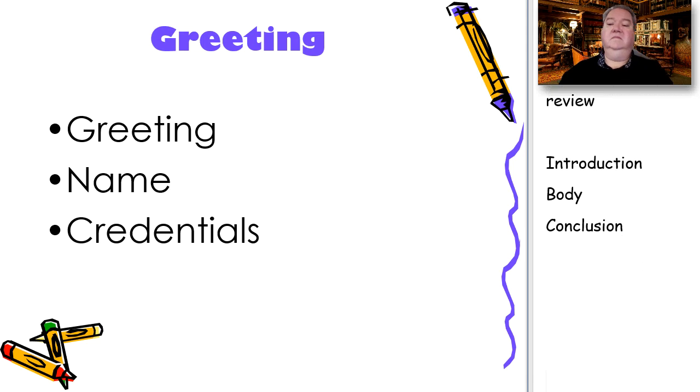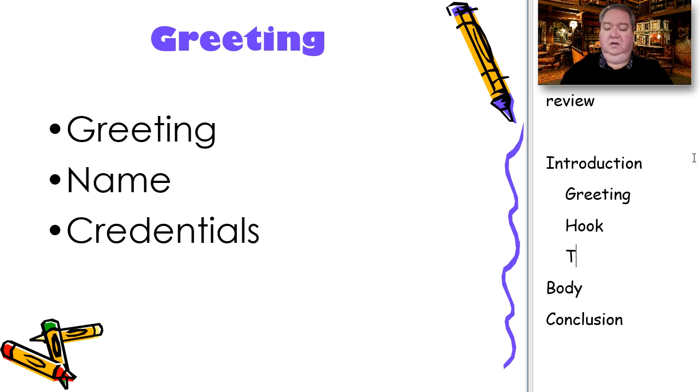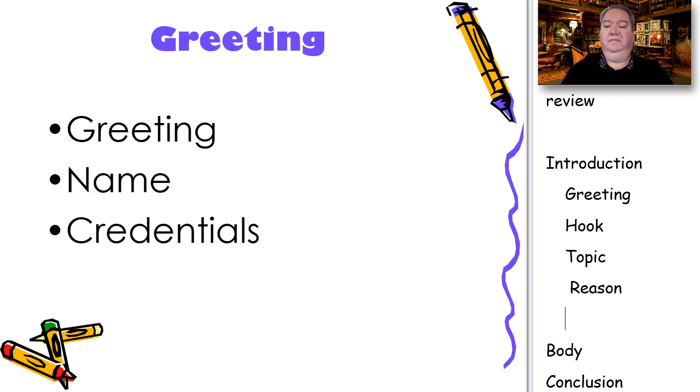In the introduction, there are 5 pieces. The greeting, the hook, the topic, the reason, and the overview. Okay?